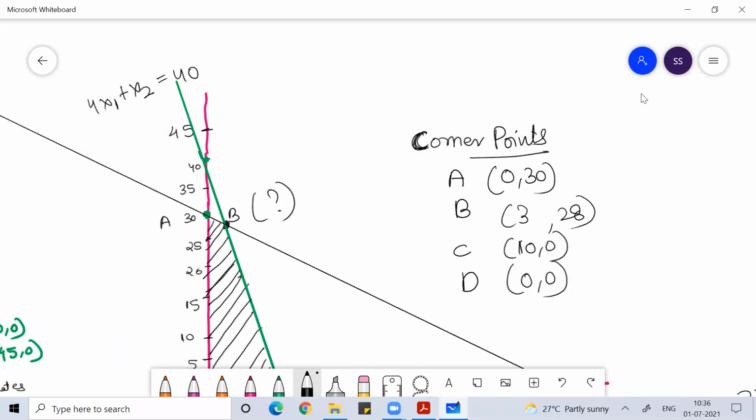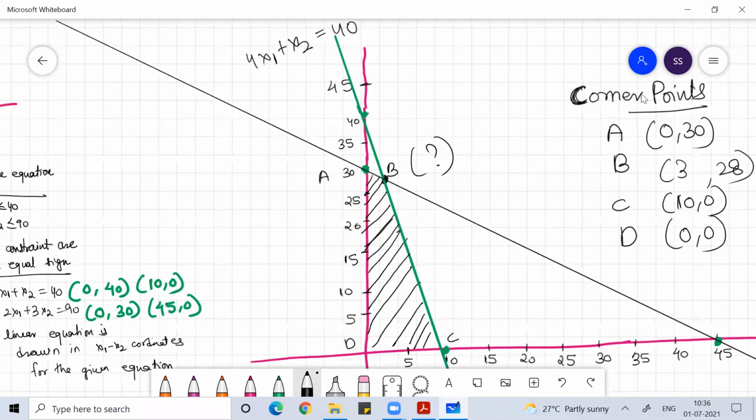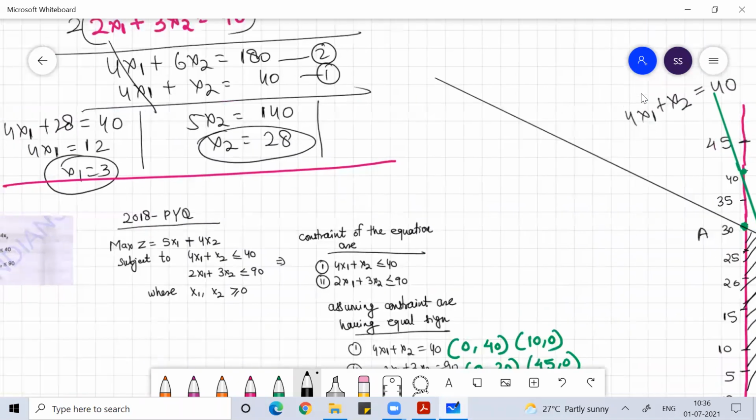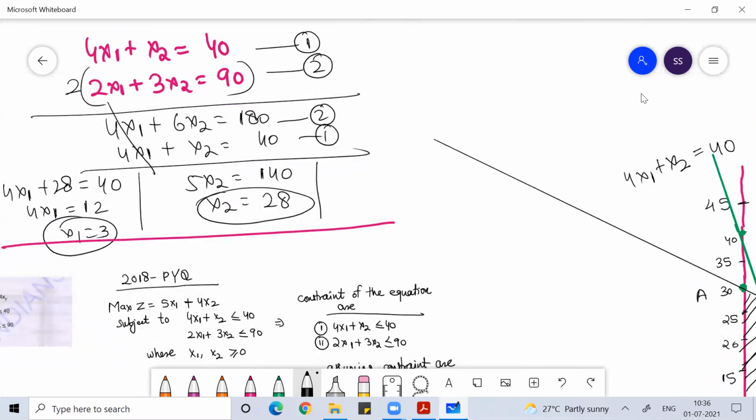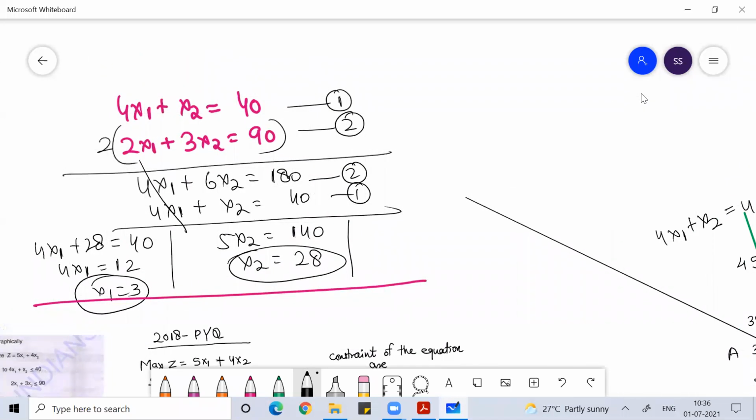Clear, everyone? I believe everyone knows how to solve two linear equations.